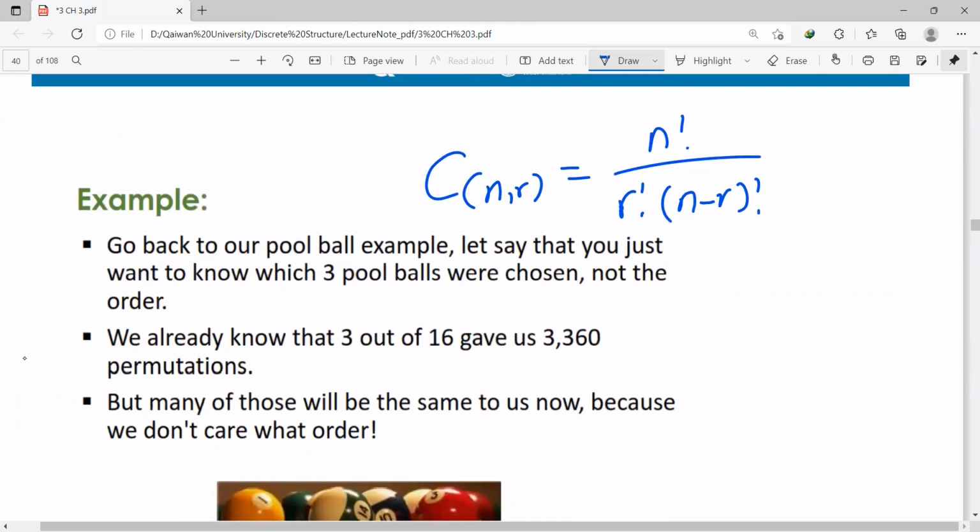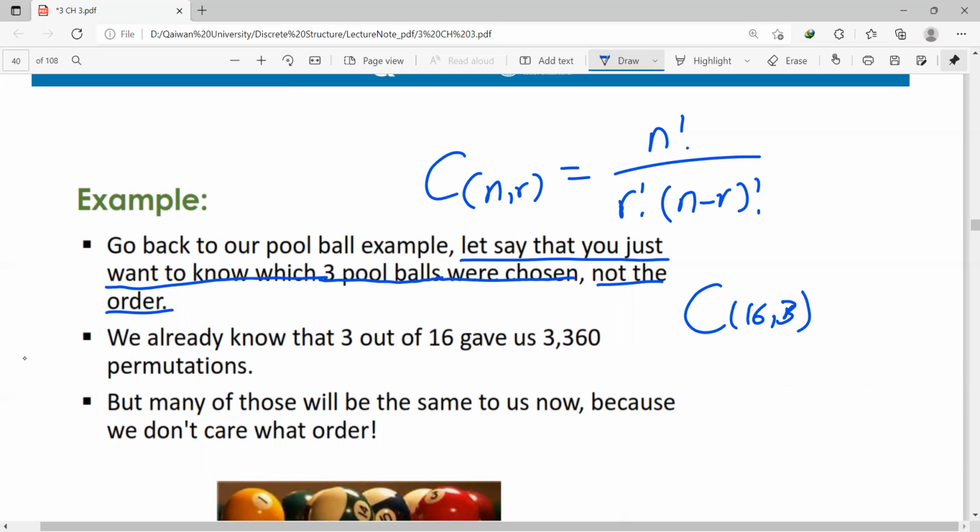Let's go back to our pool ball example. Let's say that you just want to know which 3 pool balls were chosen, not the order. If we don't care about the order and you want to pick 3 balls from 16 balls, what we get is C(16, 3). If we don't care about the order of the chosen balls, we use combination.